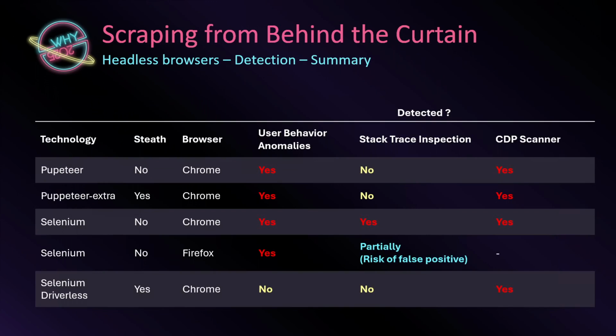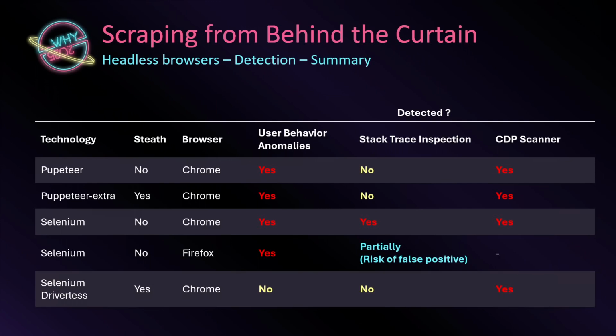The 3 detection vectors we tested. If you use Puppeteer Extra, Selenium, or Selenium, the user behavior anomalies detection vector works for all of them. The user behavior anomalies vector doesn't work for Selenium driverless, because Selenium driverless has been designed to be stealth by design.